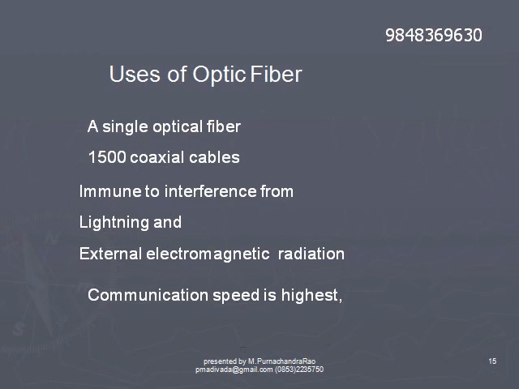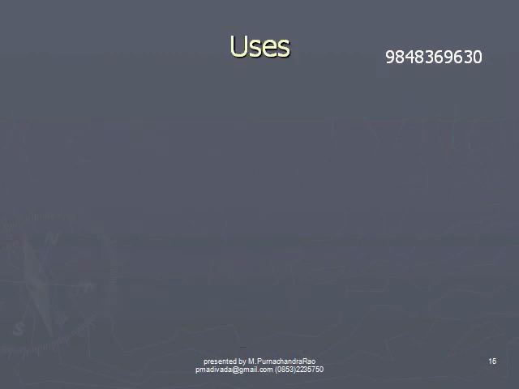But external electromagnetic radiation will have no effect on the communication of optical fibers, because the communication is by light, hence it cannot be disrupted. Speed of communication is highest because here we use light, which has the highest speed. Since light is the communicating medium, the communication speed will be very high.